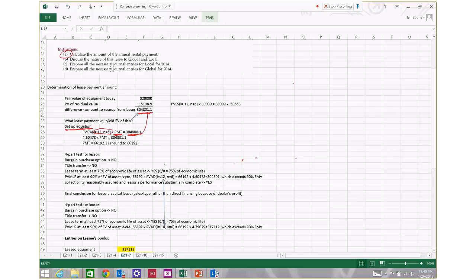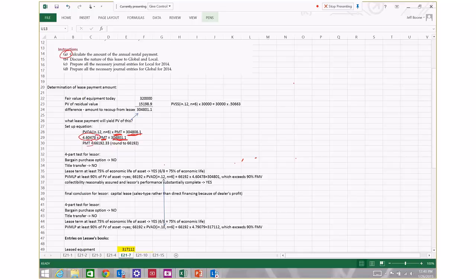So if you go to your present value calculator, or you flip to the charts in the textbook, you'll find that the present value of an ordinary annuity factor for a 12% interest rate, n equal to 6, is 4.60478. Multiply that times some unknown payment amount and set that equal to what you want to recoup from the lessee in a present value sense of 304,801.10.